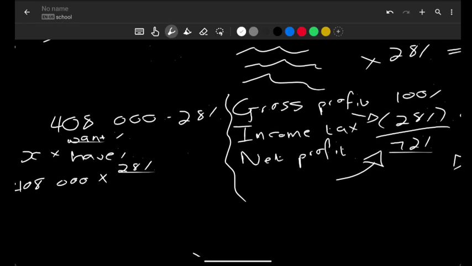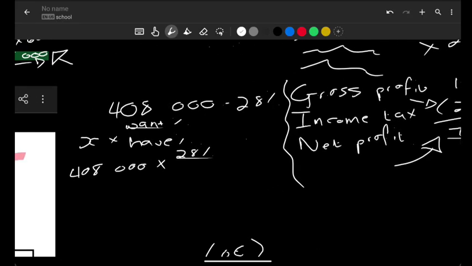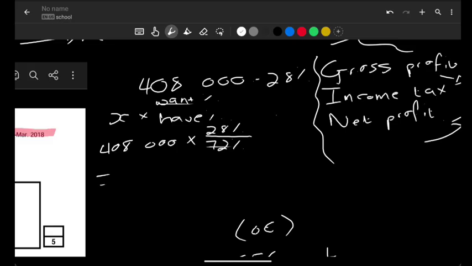Net profit is represented by 72%, over 28%. Then we're going to calculate that and we're going to get our net profit of 1,051,200 rand.